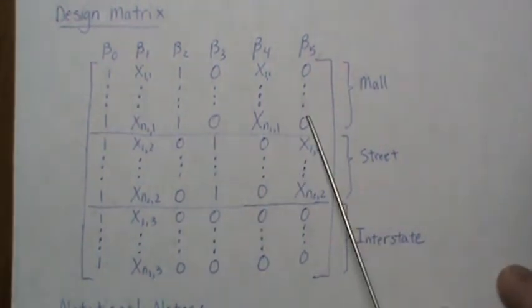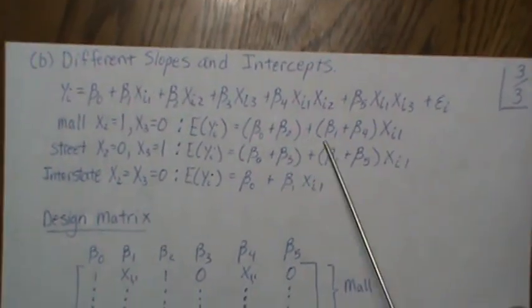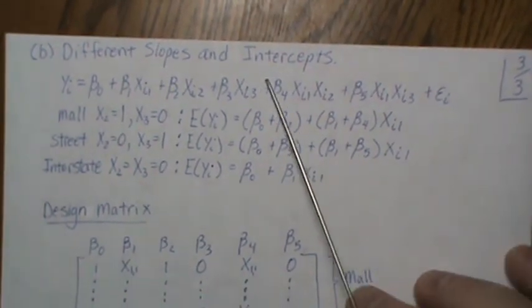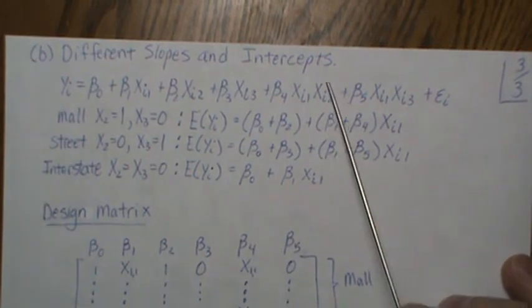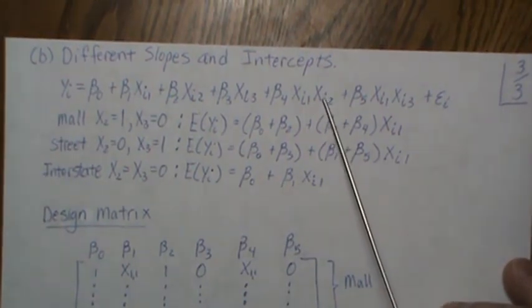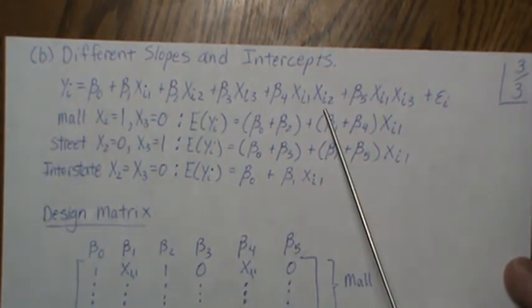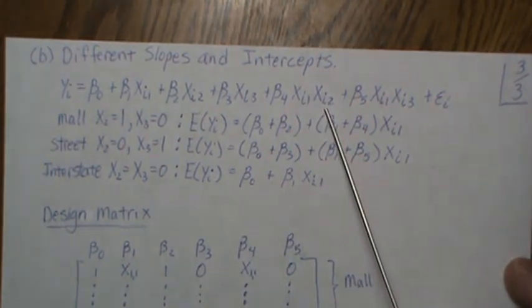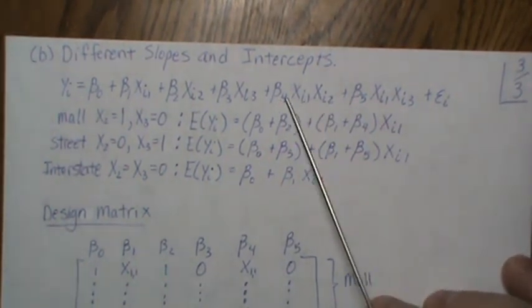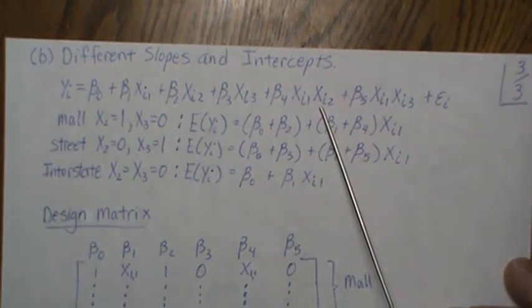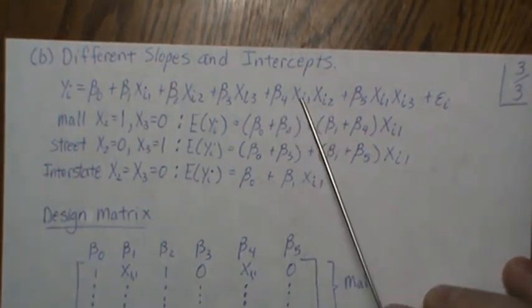Now these last terms, I'm going to flash up here. And so this is the interaction term. If it's a mall restaurant, this is a 1, and then that's the variable. If it's a street restaurant, it's a 0, so that goes away. If it's an interstate restaurant, that's a 0 and goes away.